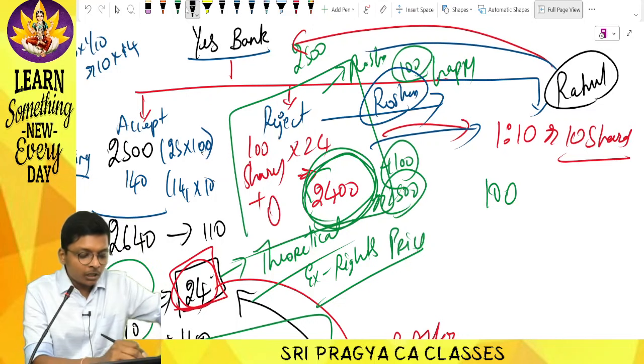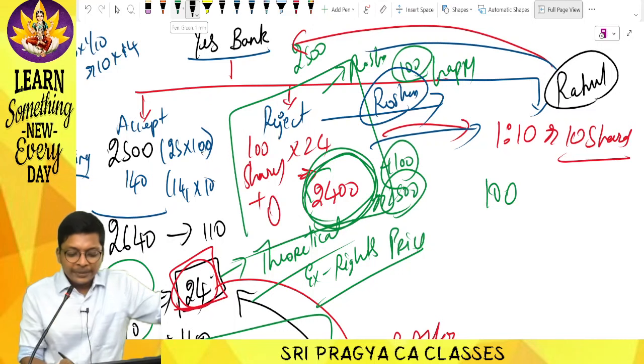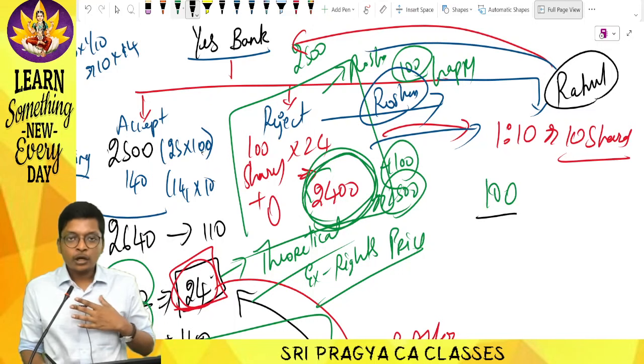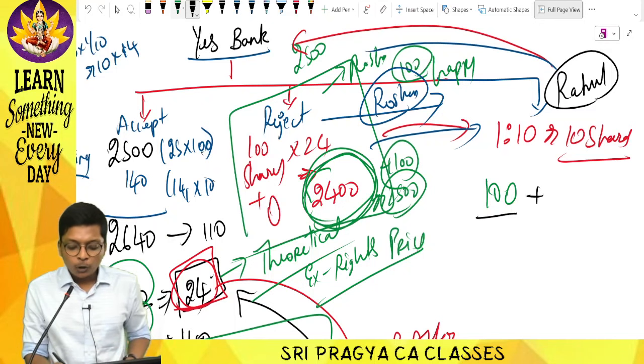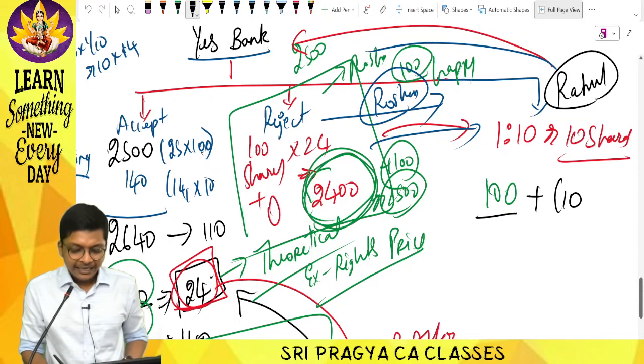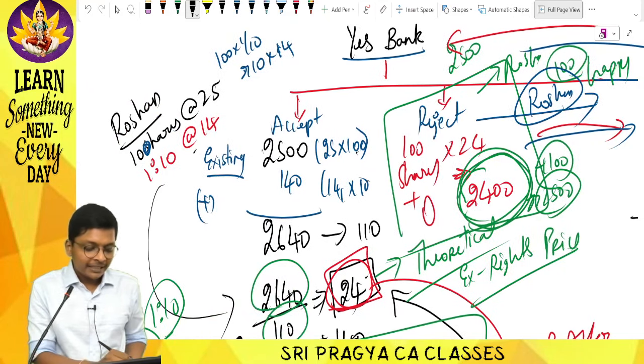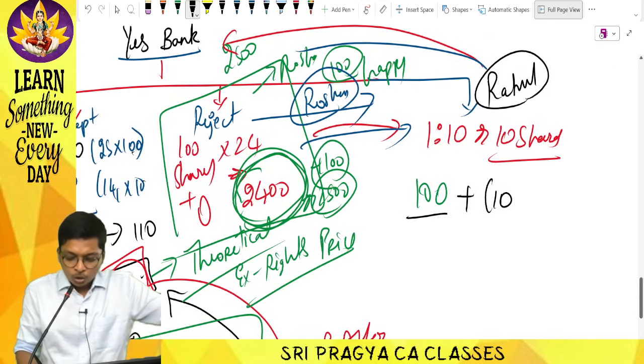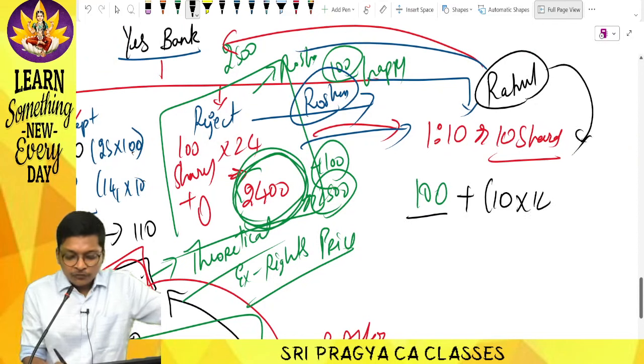Now let's come to Rahul. Rahul paid 100 rupees. Did he get the share? He got the right to buy the share. How many shares? 10 shares. And we discussed at the start of the sum, each share can be purchased for 14. So now Rahul is going to pay 10 into 14.